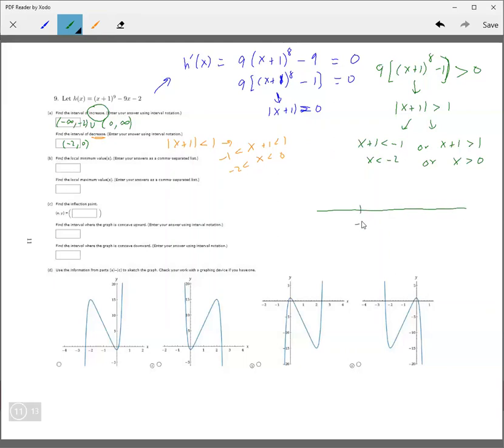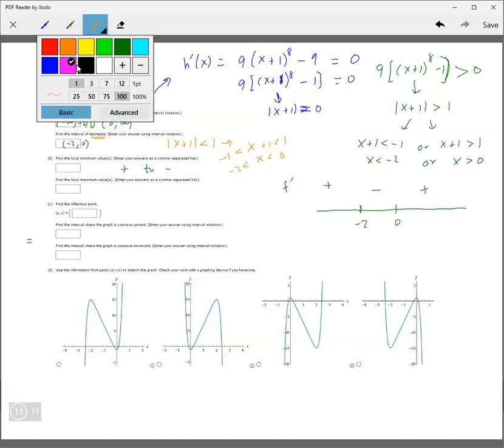So at -2 and 0, that's where the action is. The first derivative is positive here, negative there, and positive here. So for local minimum values, you're going from positive to negative, which is going to be right here at -2.